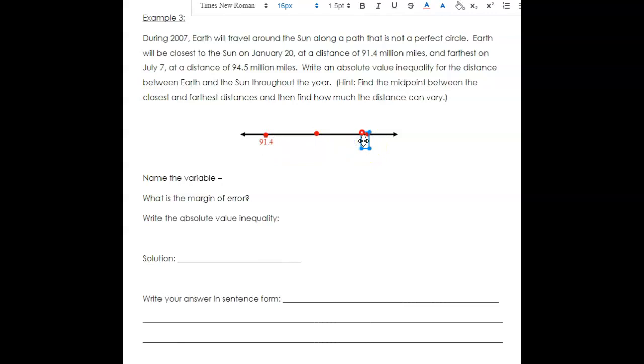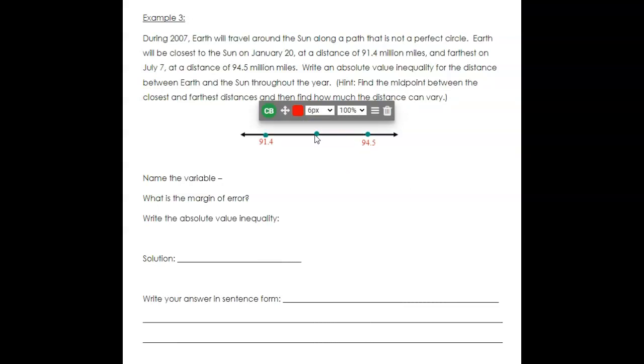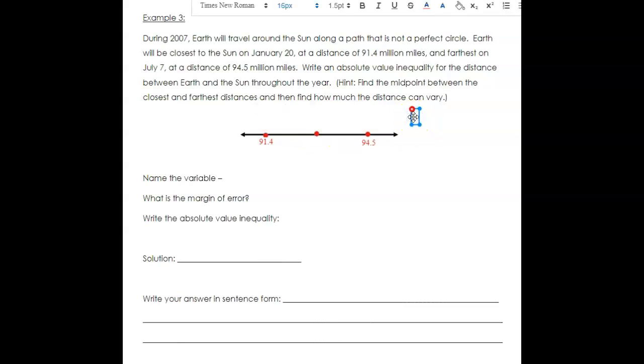The distance that was the farthest was 94.5 million miles. And I'd like to find the distance right in the middle, that kind of average of the two. So what I'm going to do is find the average of the two.